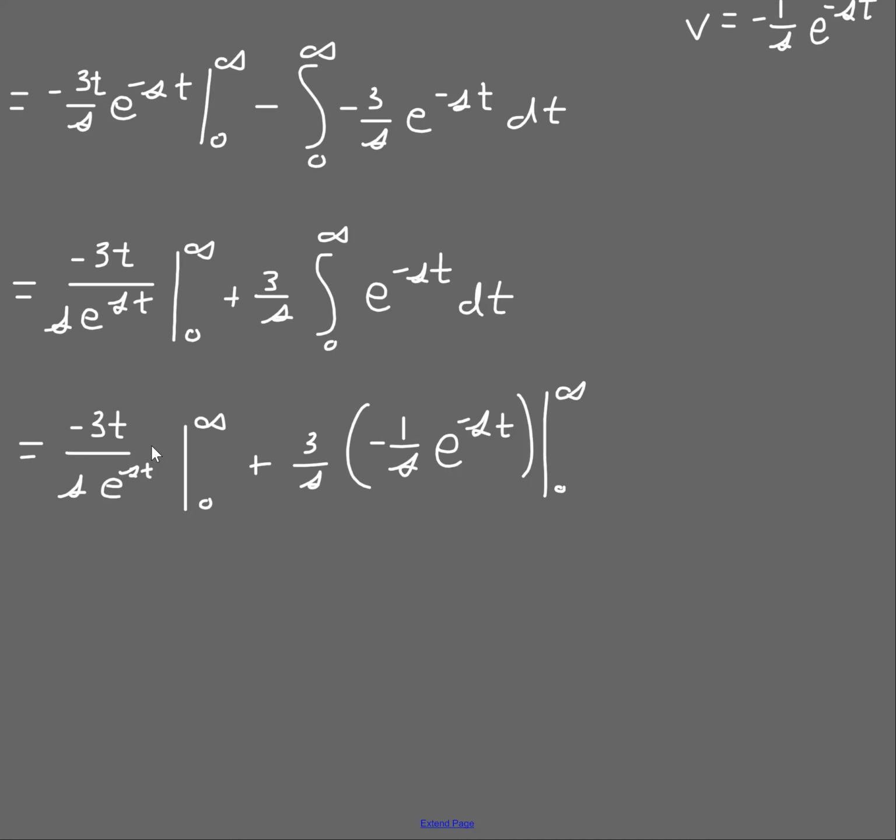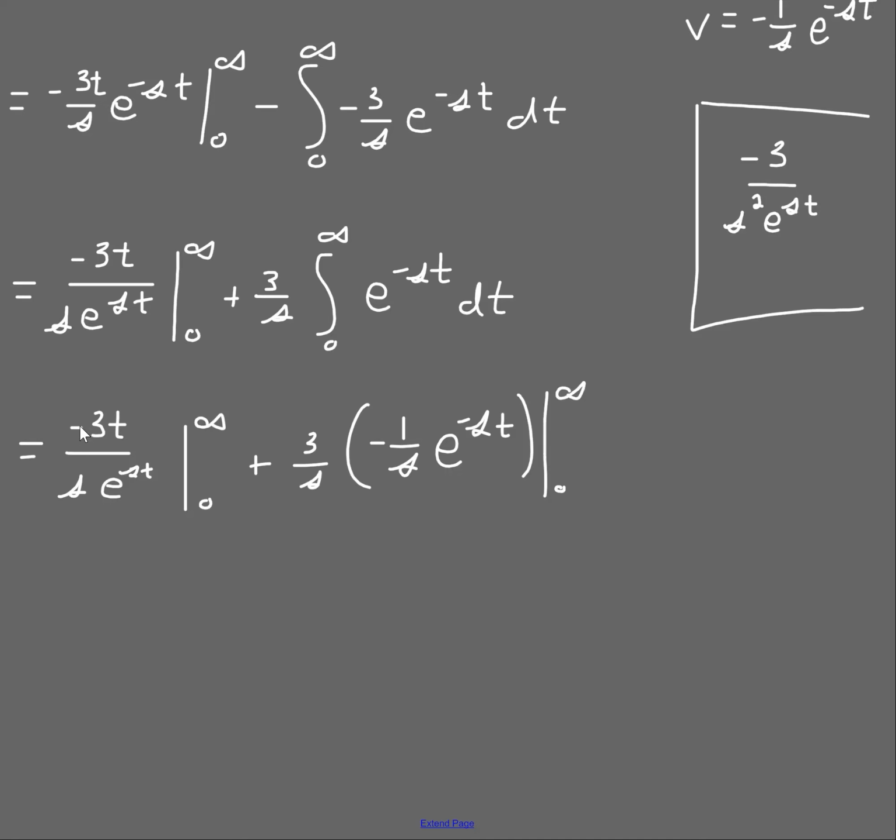And if you remember from calculus, we would use L'Hopital's rule. In L'Hopital's rule, you take the derivative of the top and bottom and then evaluate the limit again. So off to the side, the derivative of the top and bottom would be negative 3 over s squared e to the st. When I take the limit as t goes to infinity now, I get negative 3 over infinity, so that goes to 0.